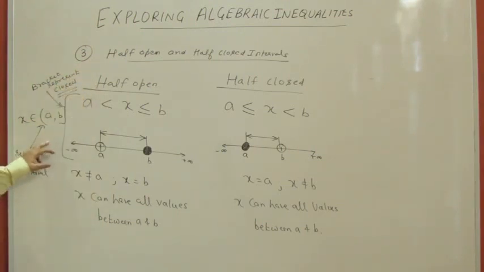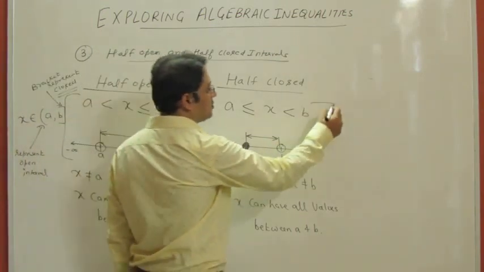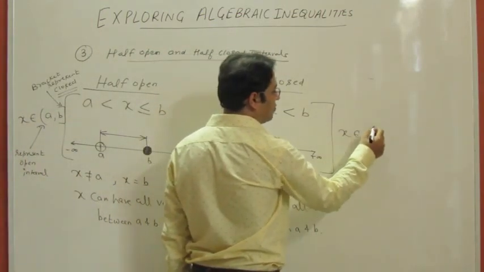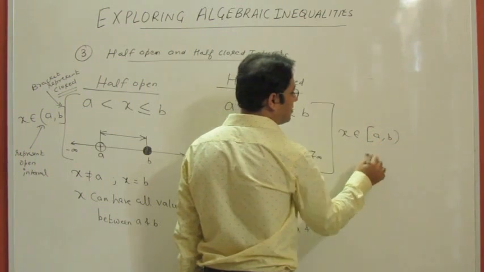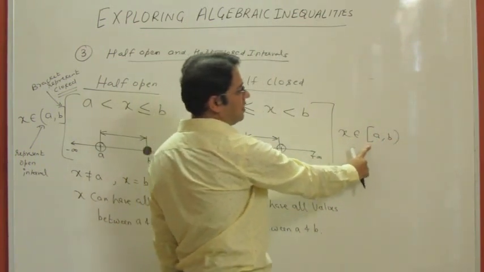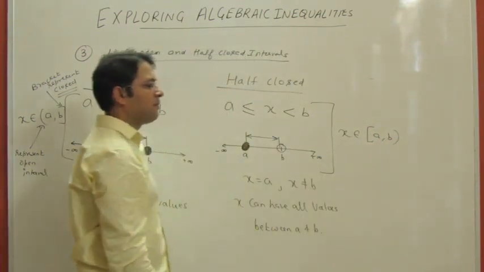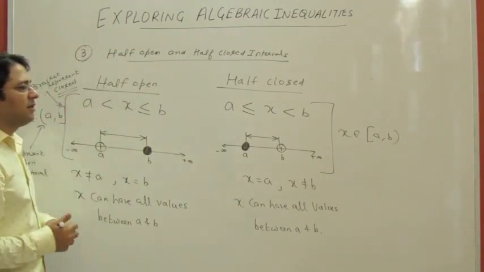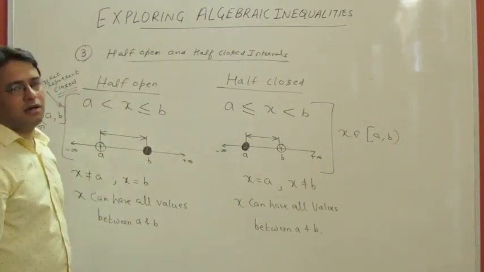Okay, so this is how it is. Now half closed, we can write x belongs to like this. This bracket represents the closed interval and this represents the open interval. So the combination of both is called half open or half closed.